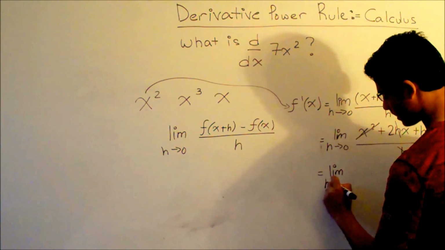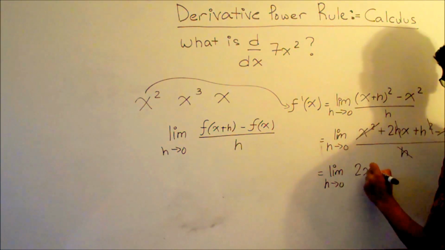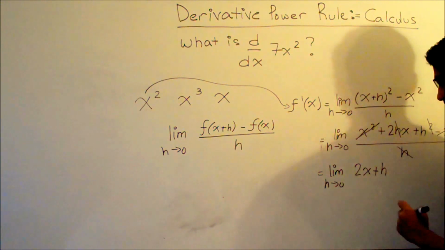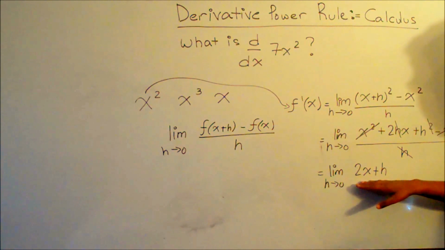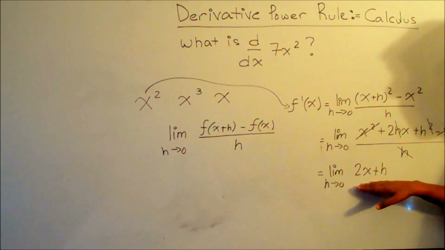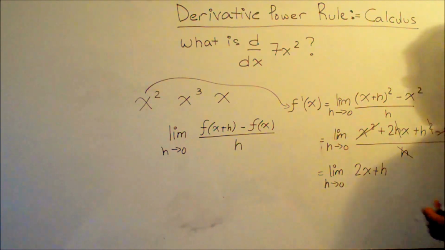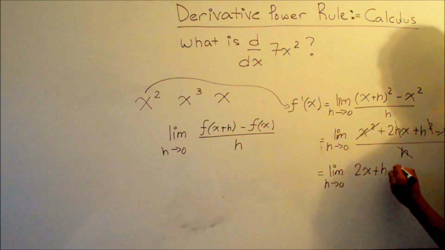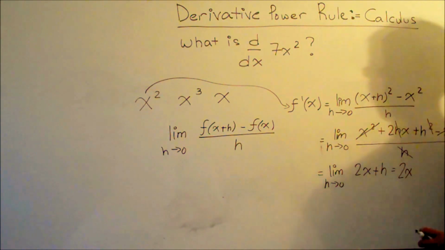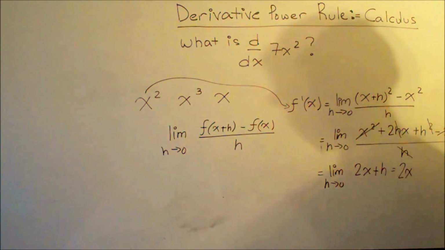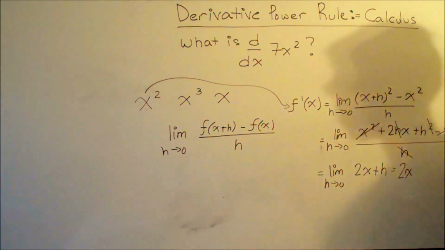as h approaches 0 of 2x plus h. So as we can see, because we're not having a denominator that is just 0 when we plug it in, we can use direct substitution. So we substitute 0 in for h, and we get 2x. So the derivative of x squared is 2x.